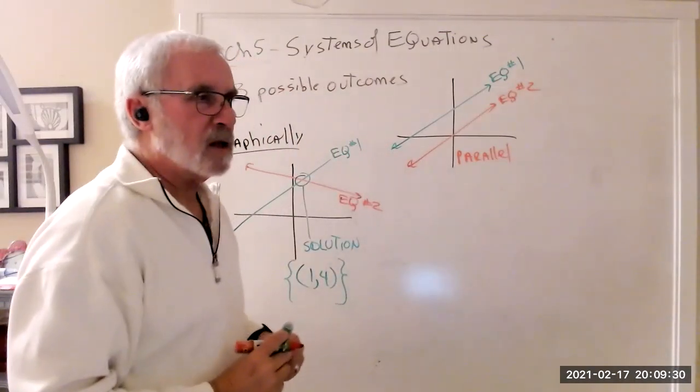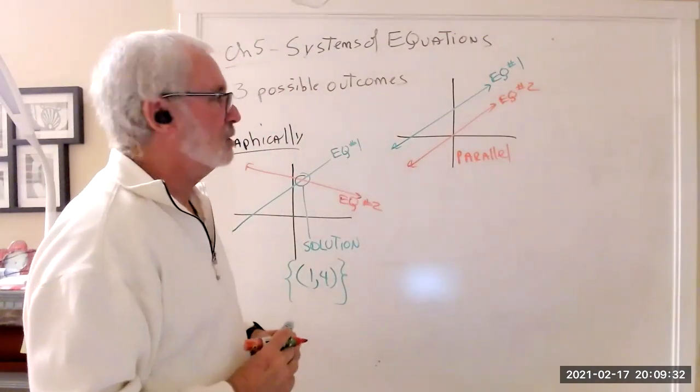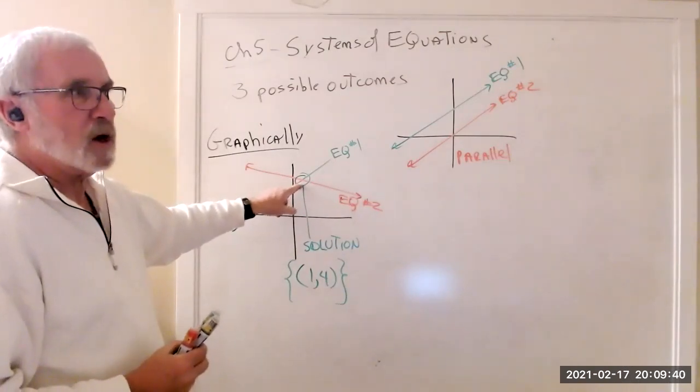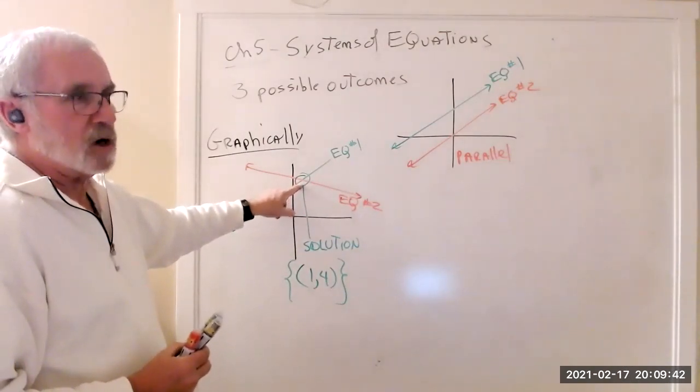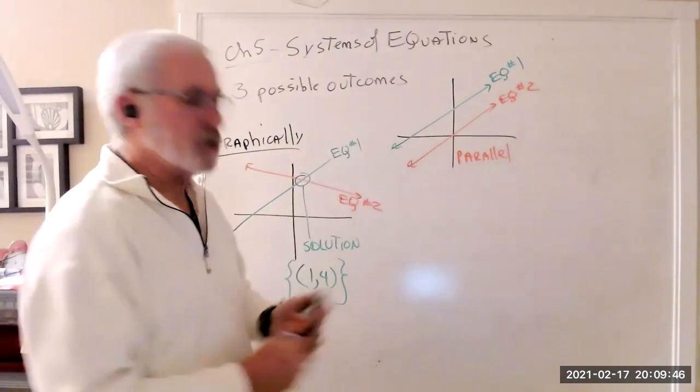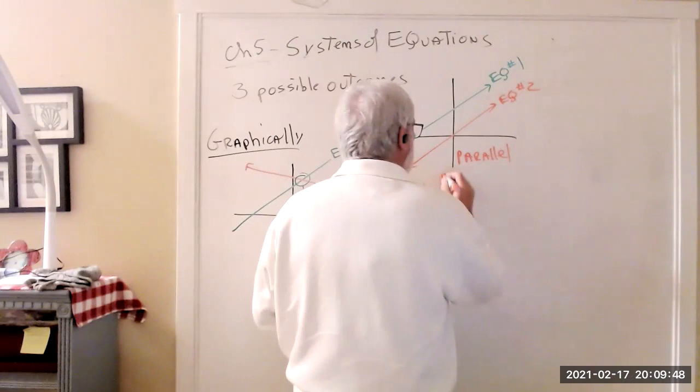Do parallel lines ever cross? No. But we're looking for where they cross. That's what we want. Where do they cross? But they don't cross. So this is an example of no solution.